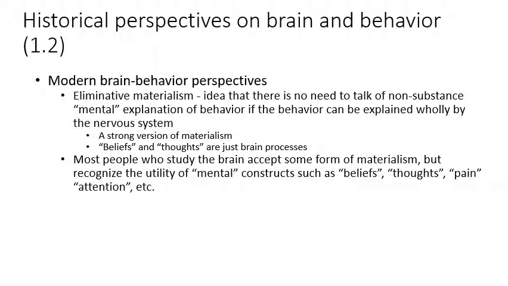Beliefs and thoughts are just brain processes, something physical and chemical that happens in the brain, and according to this belief, the more that we know about how the brain works, the less we'll have to depend on psychological phenomena such as depression, anxiety, things like this. And again, this is a very strong version of materialism.